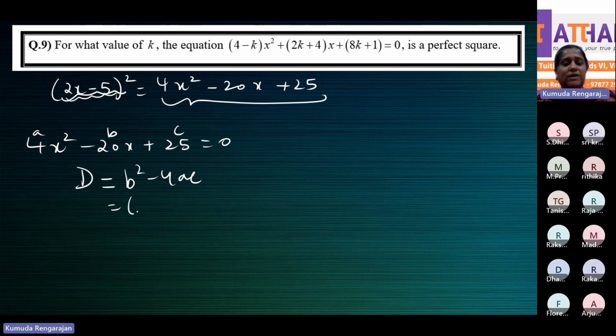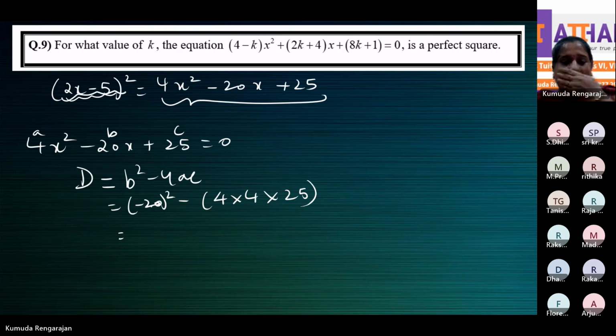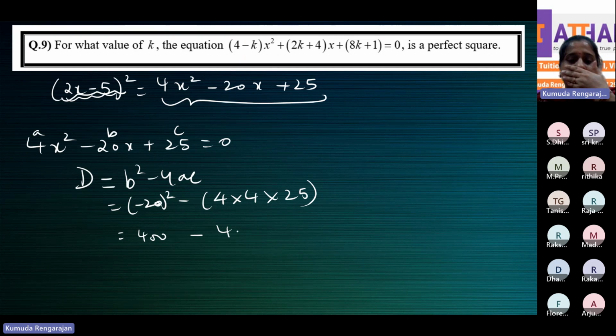So b square will be minus 20 the whole square, minus 4 into a into c. Multiply this, we'll get 0. You try this for any quadratic equation, it will be 0 always, provided we don't go wrong in calculating.